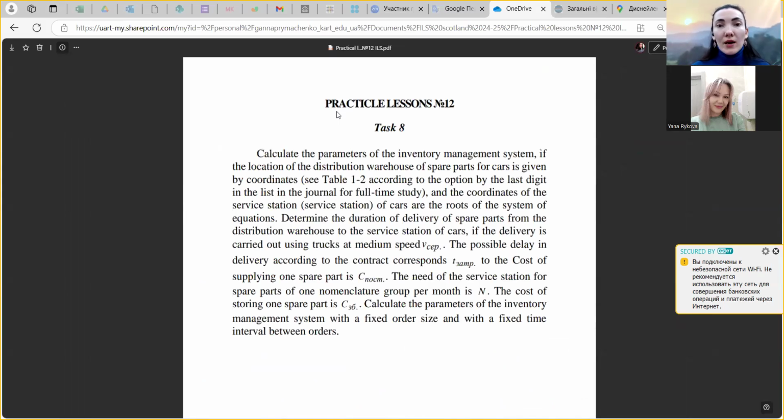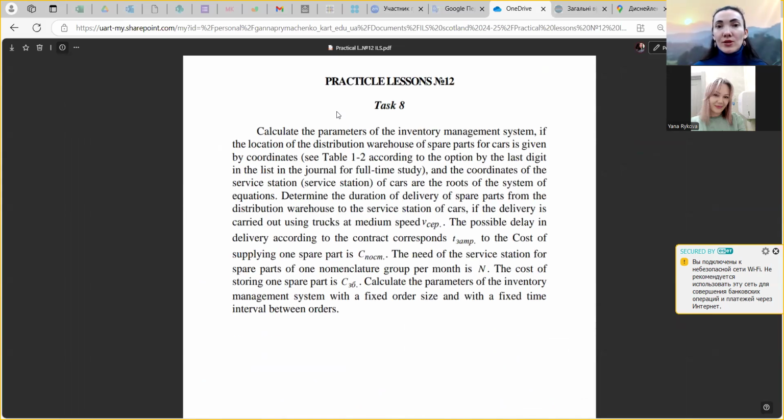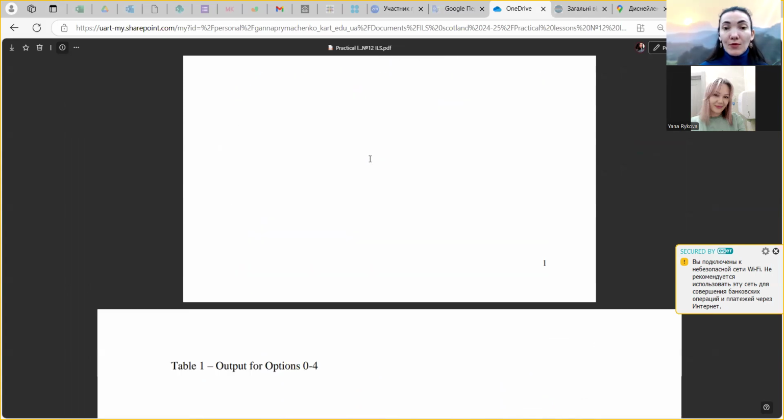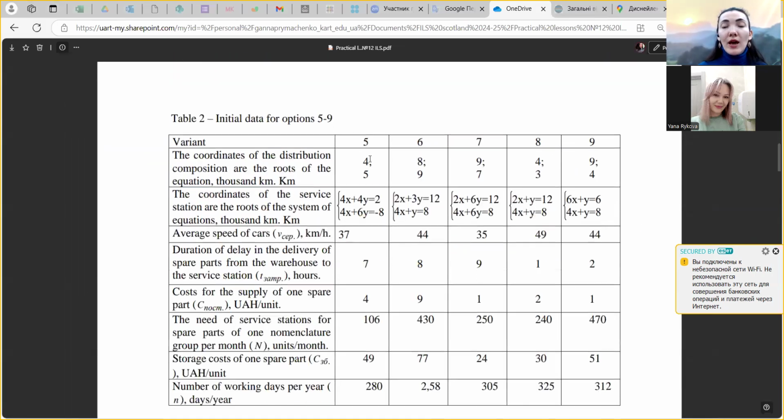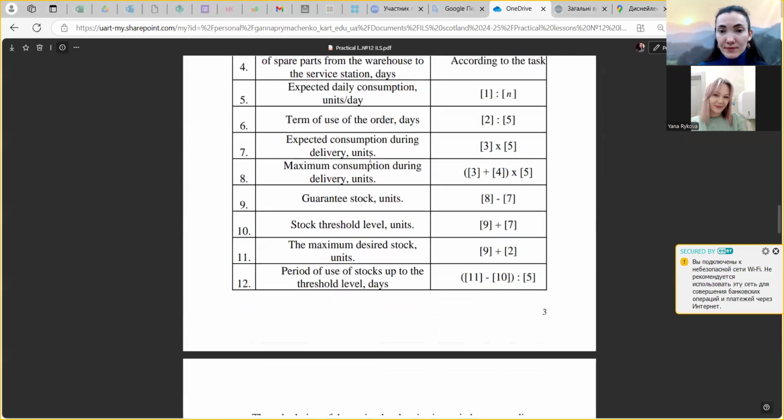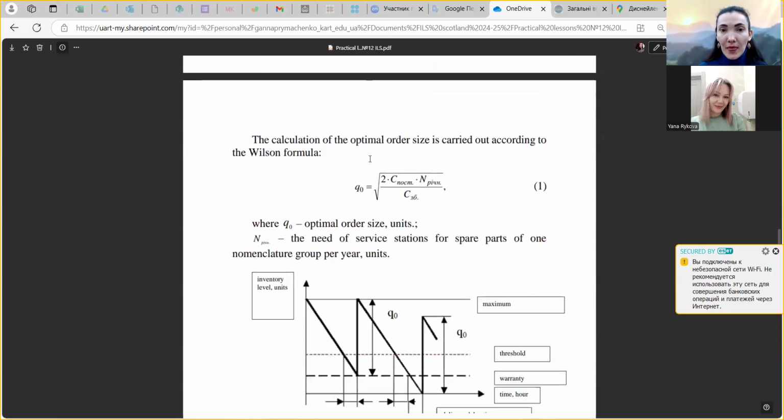So, this practical lessons number 12, today it is number 13. We continue to do these tasks and we finished, I write it, on the formula, before the formula, because we find the distance. I opened this.